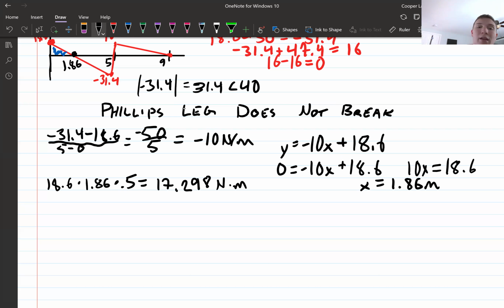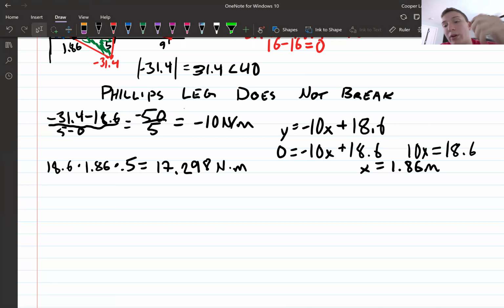Now that we have that, we can move on to our next triangle. The way that we do this is we actually aren't going to be adding our values up. Our value is not going to be based off of our previous. I colored the triangle that we're going to be doing now in green. The first thing we have to do is figure out how long its base is. We established that it equals 0 at 1.86.